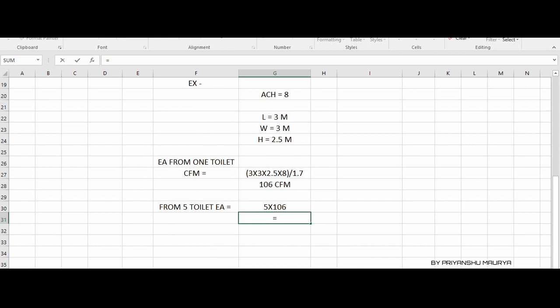Here also we can write the formula: give the equal symbol and then 5 into 106 and then enter. It is 530 CFM.